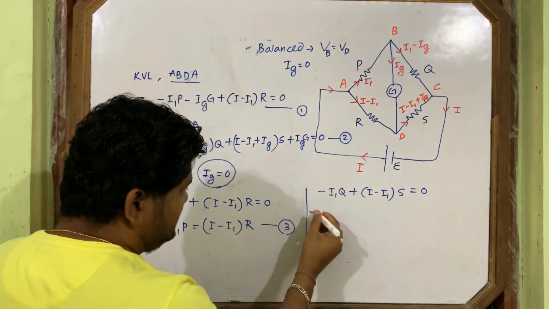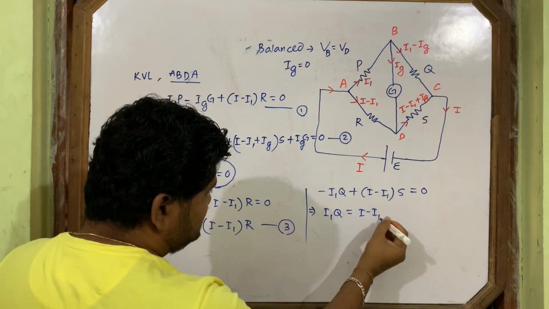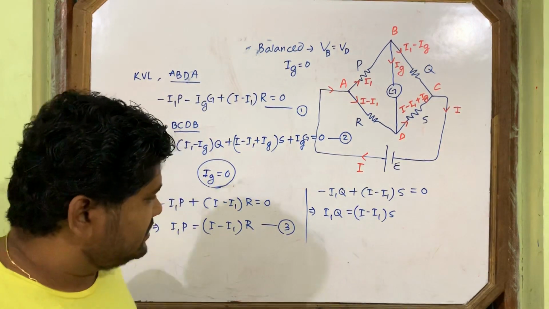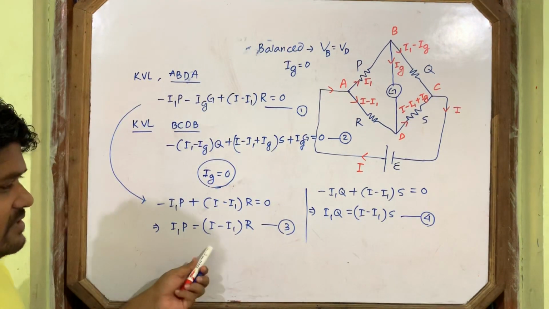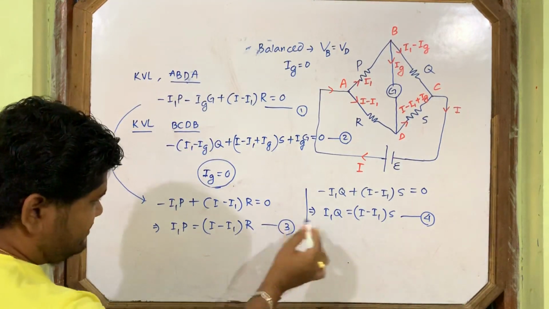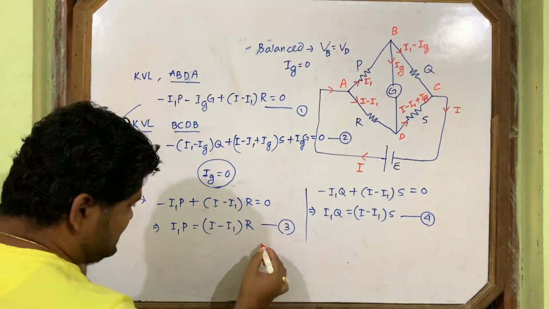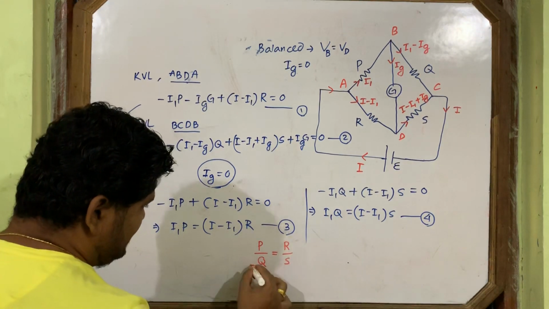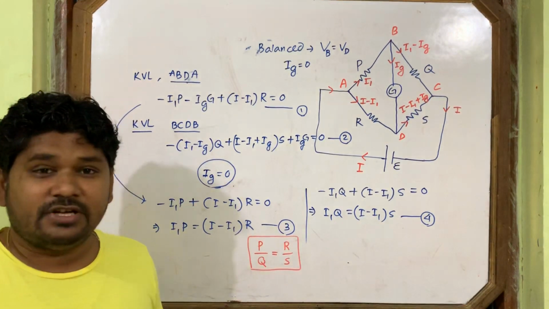It implies that I1 Q is equal to (I minus I1) into S. So this is equation number 4. Divide equation 3 by equation 4. LHS by LHS gives P by Q, RHS by RHS gives R by S. This is the balanced condition of the Wheatstone bridge.